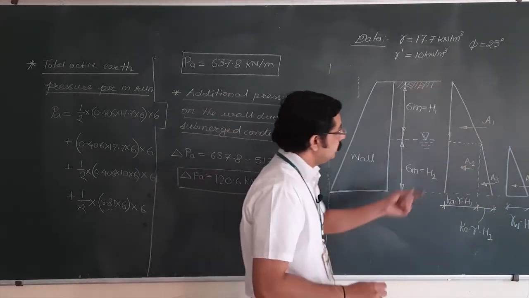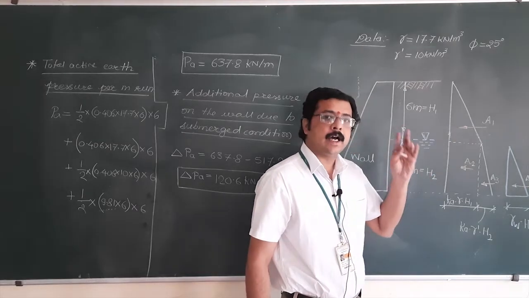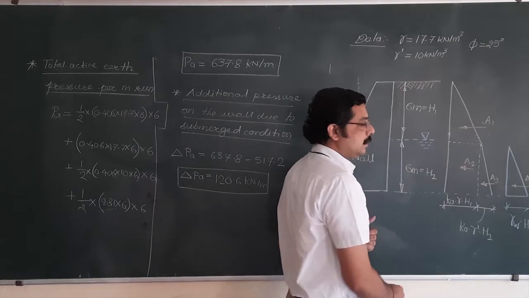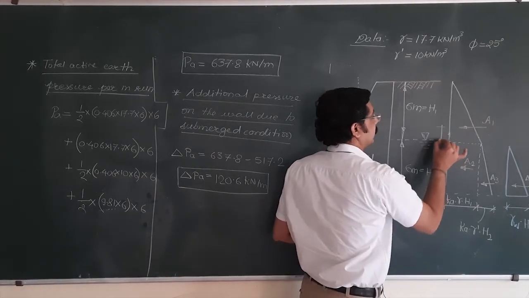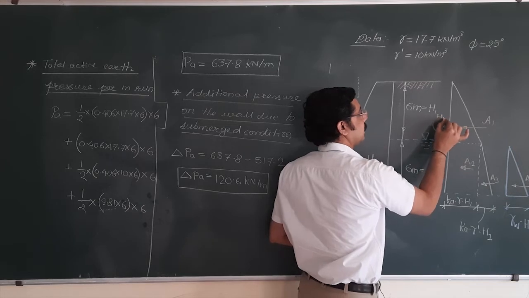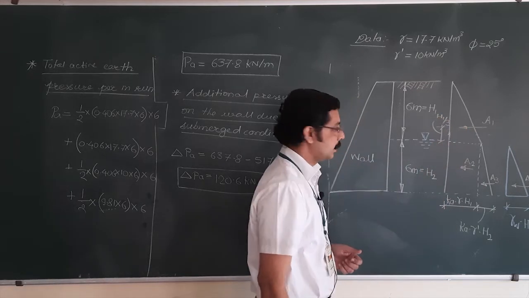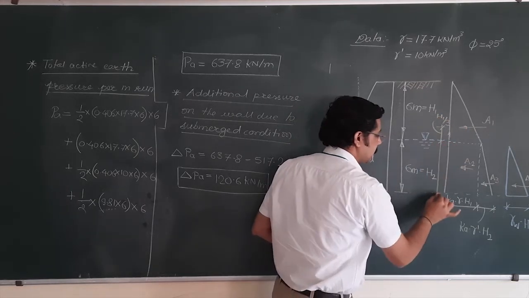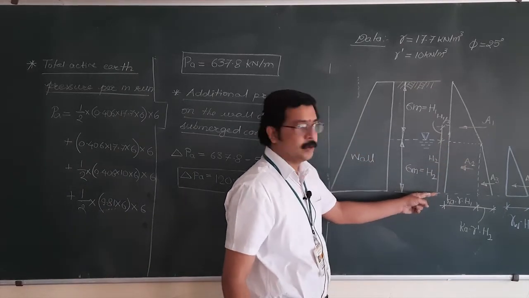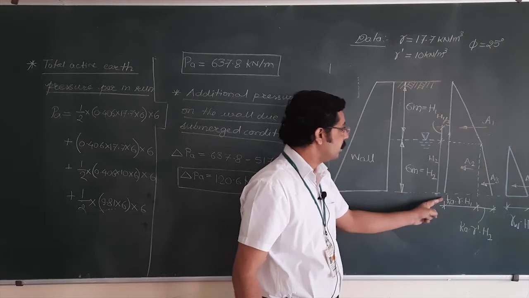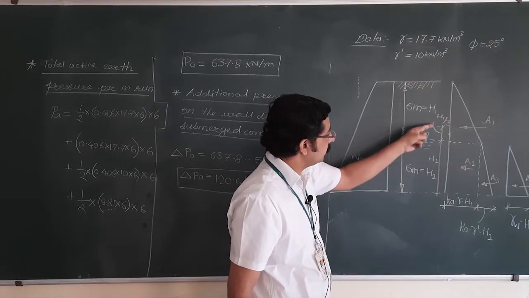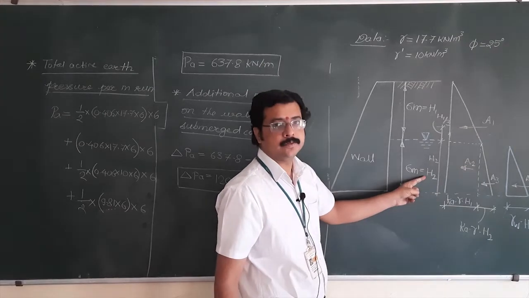Can we not show their points of application, the heights of their points of application? On this first triangle we will have this distance as h1/3 and this distance is h2. Hence, if I want to take moment of A1 about the base, the lever arm will be h1/3 plus h2.